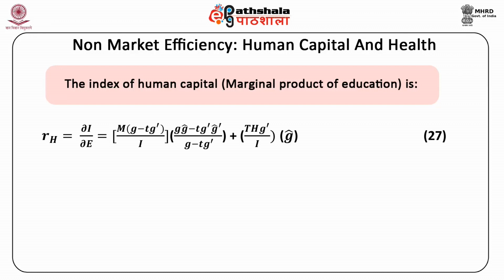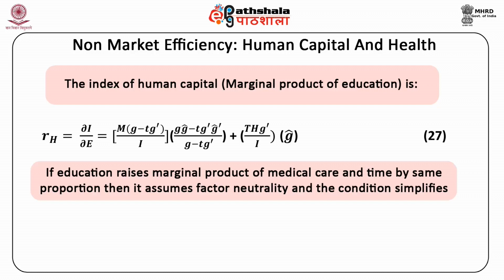Equation 27, where g minus t g' and g' is the marginal product (MP) of medical care and time. The relationship measures the change in gross investment due to a change in education, which is measured as the average of the change in the marginal product of medical care and time.